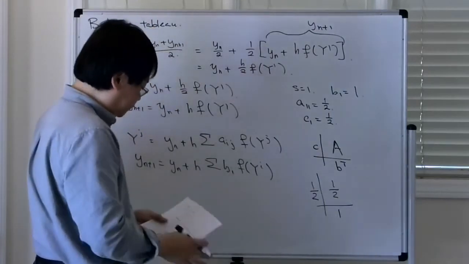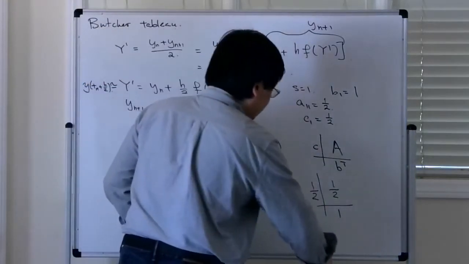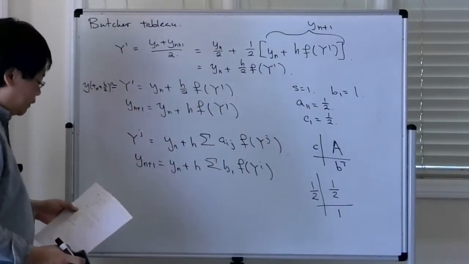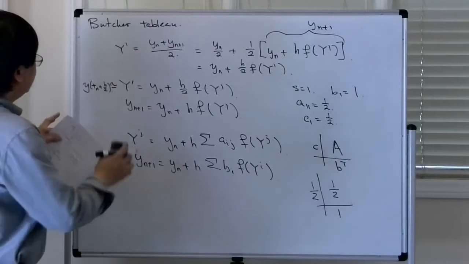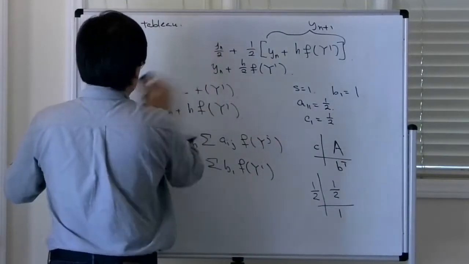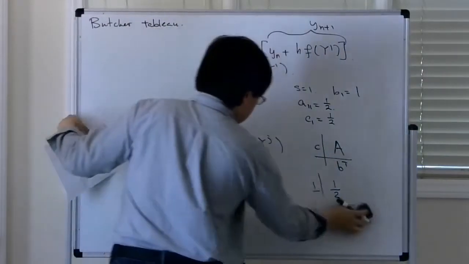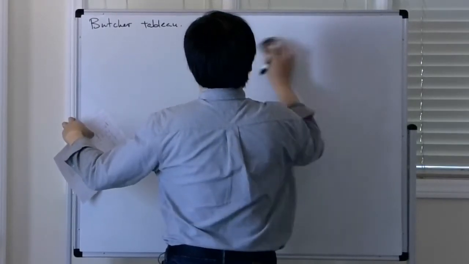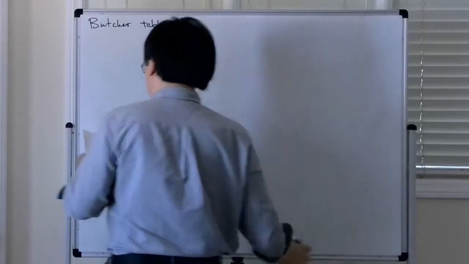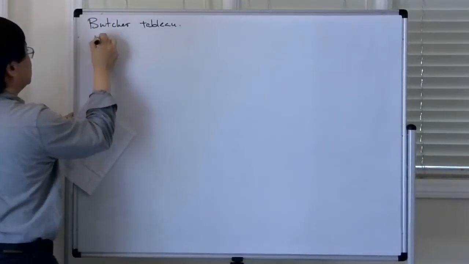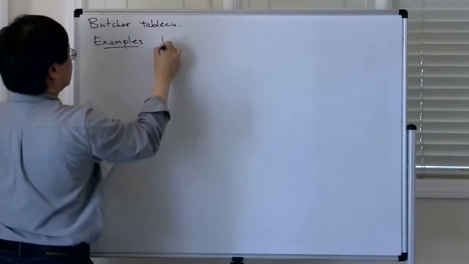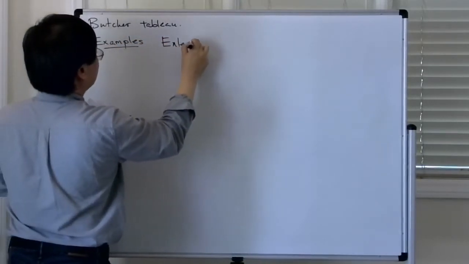All right. So let's look at a few other examples of Runge-Kutta methods and their corresponding Butcher tableaus. So the simplest example, of course, is the Euler method.